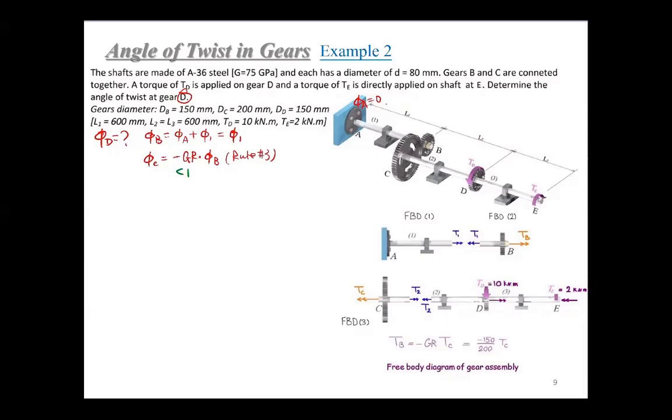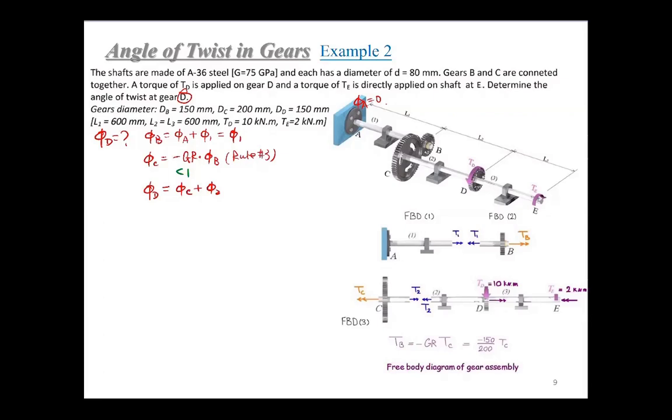Then from C to D, we're calculating phi D, right? So phi D equals phi C plus phi 2. Okay, so we have derived how to calculate phi D, right?